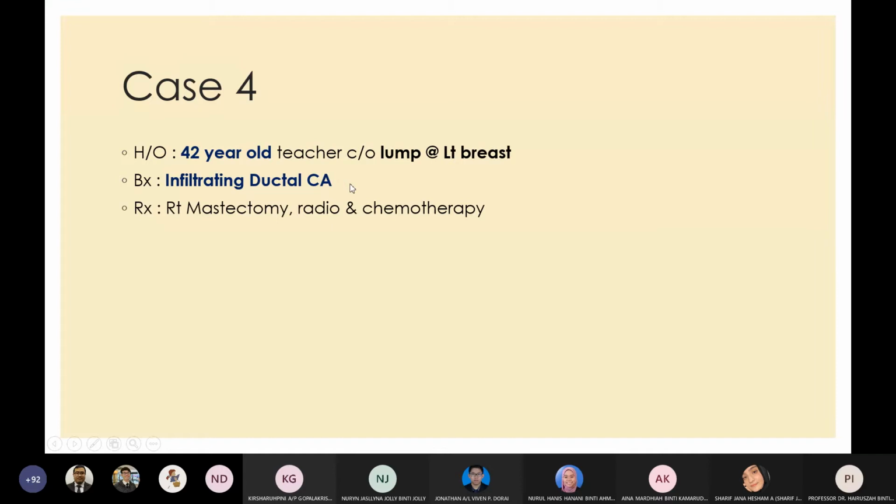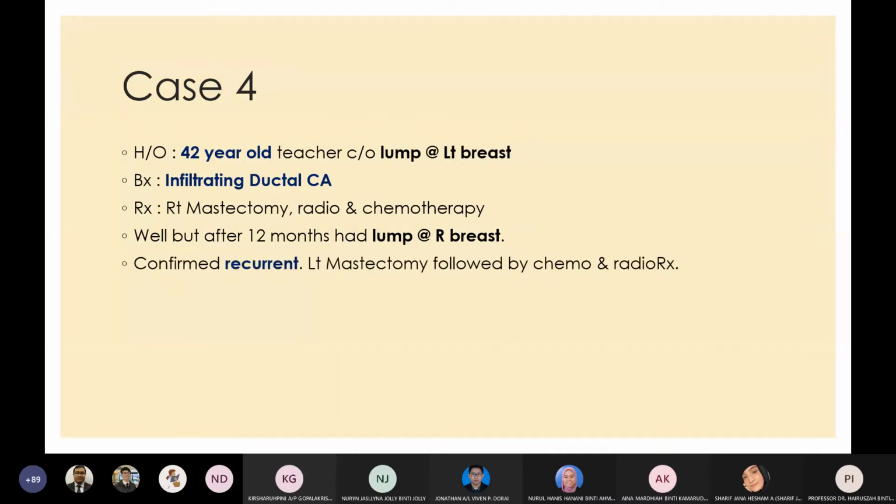By now you should know all three cases had ductal carcinoma, compared to the first one, which is slightly different. Ductal carcinoma is very common. Again, the patient had mastectomy, radiotherapy and chemotherapy, and was well, but about a year after that, she complained of a lump in the other breast. So this is a bilateral cancer of the breast. It was a confirmed recurrence and she had the same thing, mastectomy, chemotherapy, radiotherapy. But the good thing is, it's a good tumor in the sense that she is well and alive long after the first diagnosis.